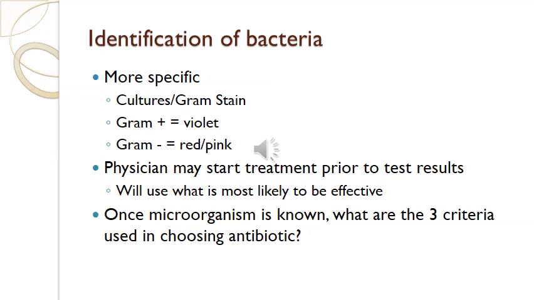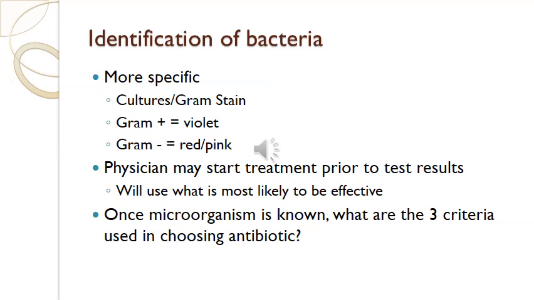Once the microorganism is known, there are 3 criteria they'll use to choose an antibiotic. Okay, so these are the 3 criteria. 1 is the identification of the organism. 2 is the drug sensitivity of the invading organism. And 3, the host factors.